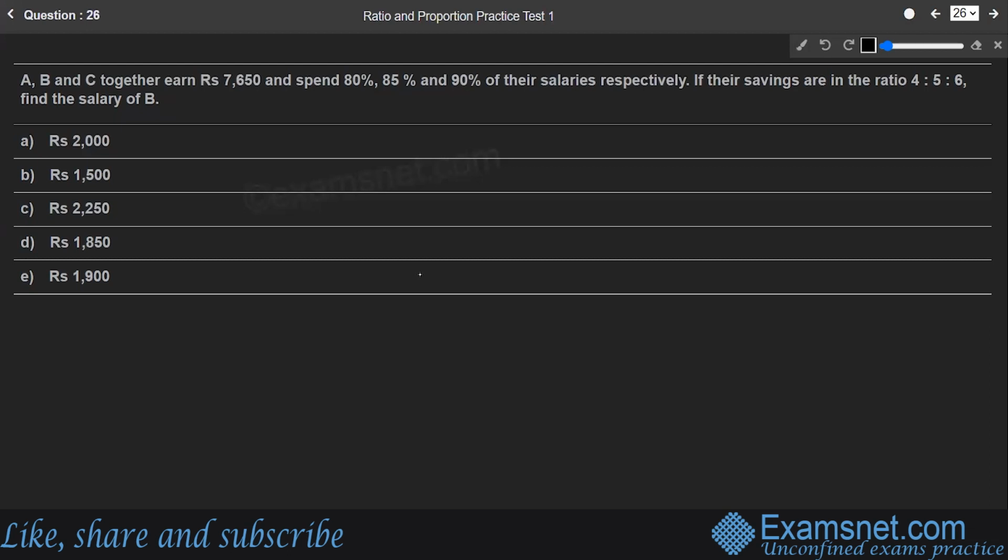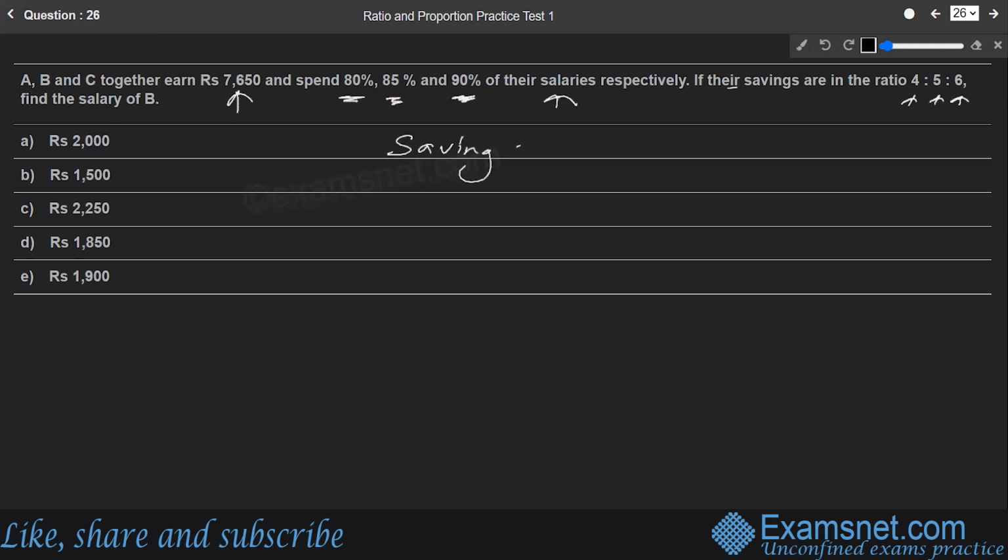Okay, so the question says A, B, and C together earn rupees 7,650, and spend 80%, 85%, and 90% of their salaries respectively. Their savings are in the ratio 4 is to 5 is to 6. So how do we achieve saving?